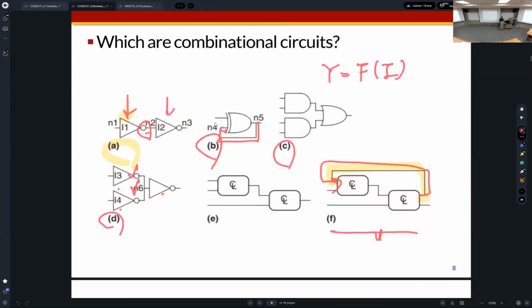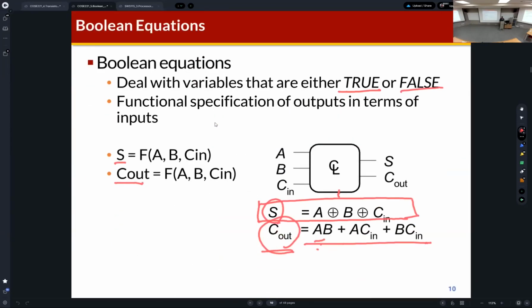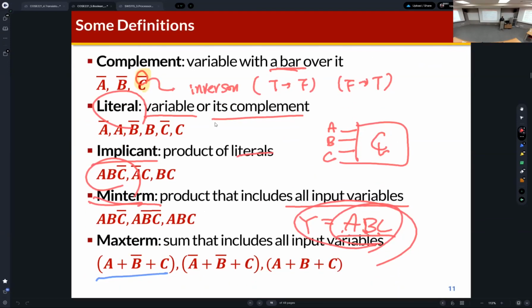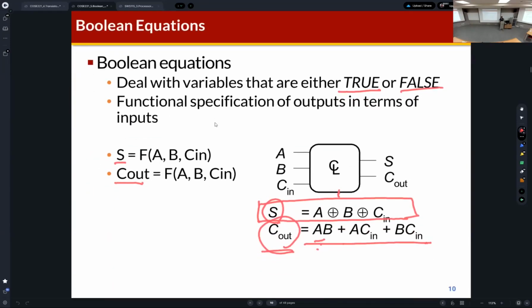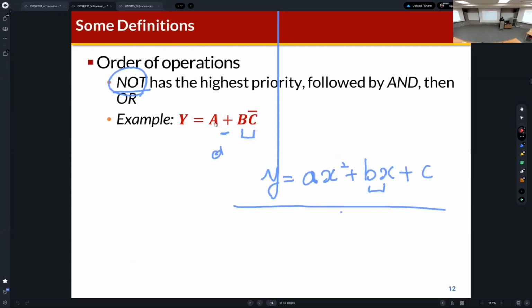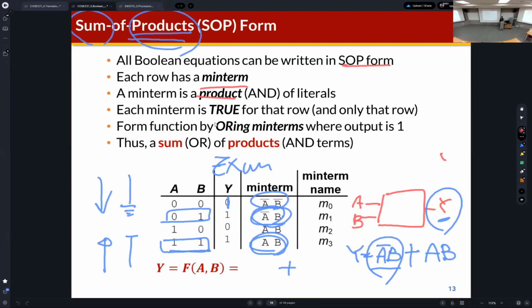A Boolean equation is similar to our normal equation, but it just handles true or false. That's why Boolean equations are simpler than normal algebra. Then we learned about the sum of products.